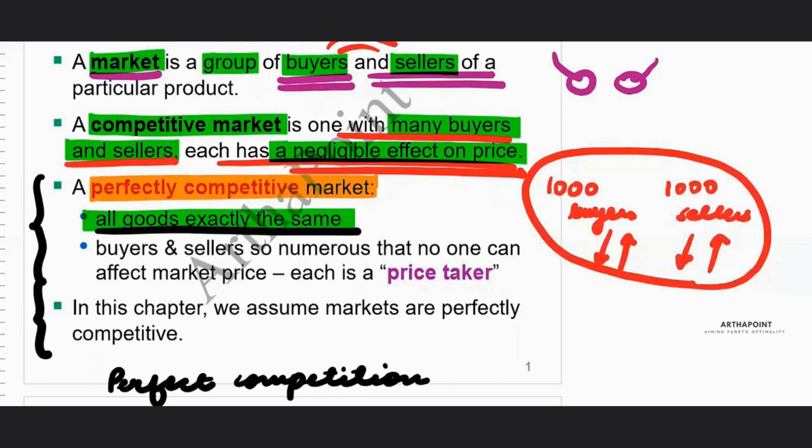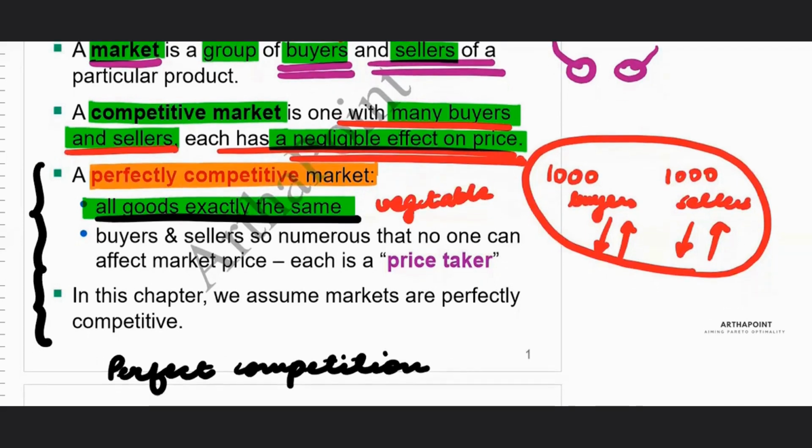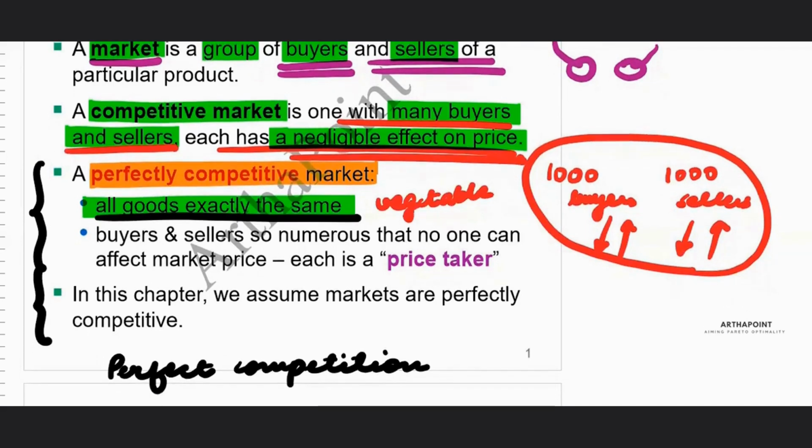So for example, vegetables. You're talking about kilos and kilos of oranges, kilos and kilos of tomatoes, kilos and kilos of potatoes. So a competitive market is basically a market where we are talking about goods which are exactly the same, right?